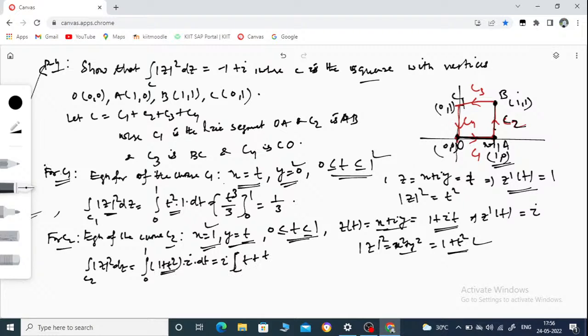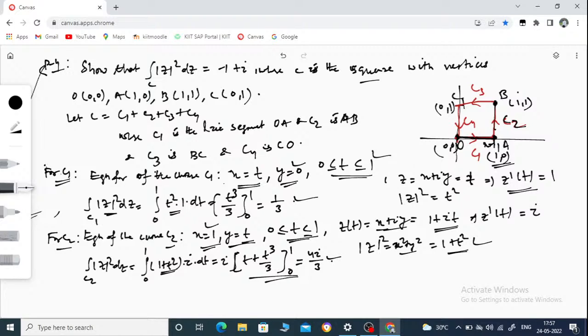This is t plus t cube by 3, with limits from 0 to 1. If you evaluate this, you will get 4i by 3. So the first one is 1 by 3, the second one is 4i by 3.